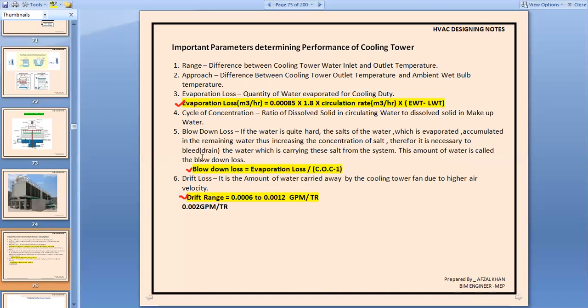This amount of water is called blowdown loss. Now there is a formula to calculate it: blowdown loss is equal to evaporation loss divided by COC minus 1. COC means cycle of concentration, which you will get from the architect or the treatment people, and then you will get the blowdown loss.